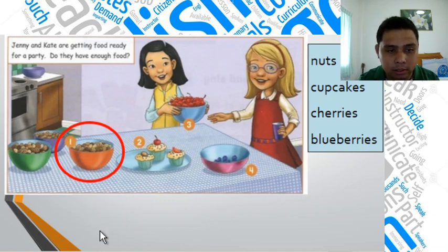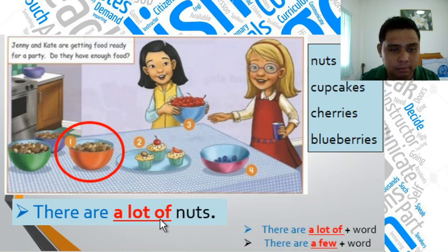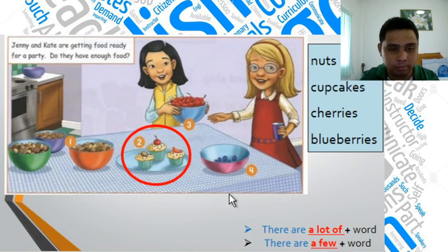So number one here, the answer will be there are a lot of nuts. Okay, there are a lot of nuts. Next, so remember, there are a lot of plus the word. Then we have there are a few plus the word. Okay, next, number two.